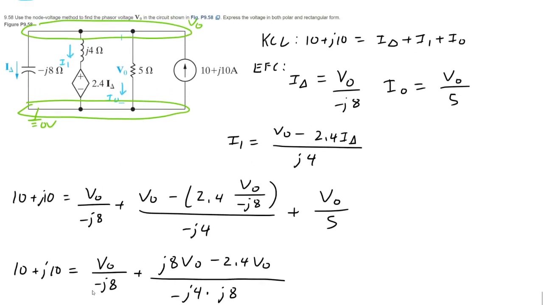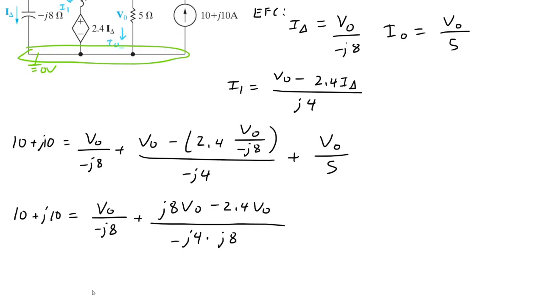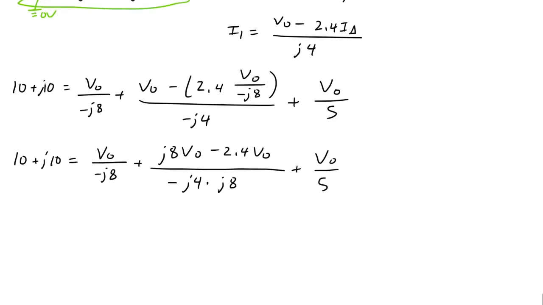Let me double check. No, it's positive J4. It's minus J8. Okay. So I'll leave the minus there, it's fine. Okay, so this VO over 5. Now this looks confusing, but it's really not too bad. Just remember minus J times J is going to be minus 1 times minus 1, and 4 times 8 is 32.